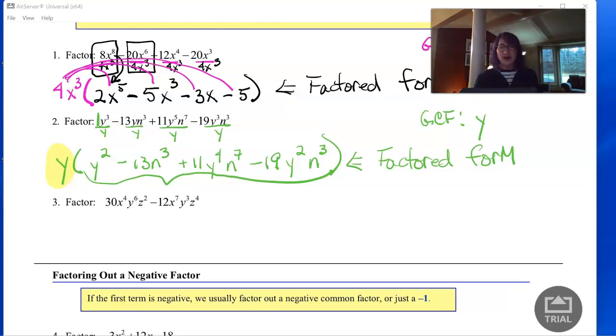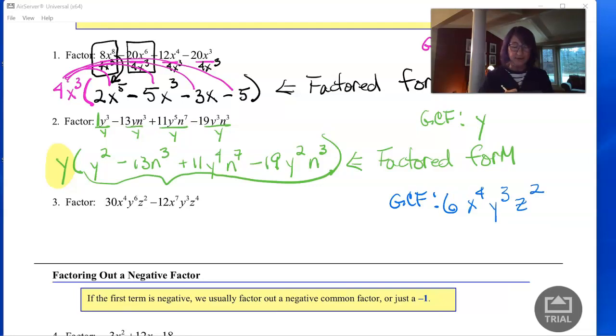Okay, you try this third one. Press pause, try it, and then compare your answer to mine. So for this one, you should have gotten a GCF, which is 6x to the fourth y cubed z squared.